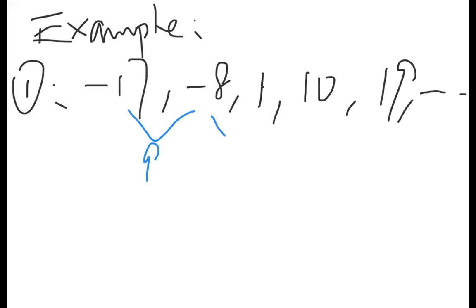From -8 to 1 is also 9. From 1 to 10 is 9. 10 to 19 is also 9. So the differences are all the same. So this is an arithmetic sequence.